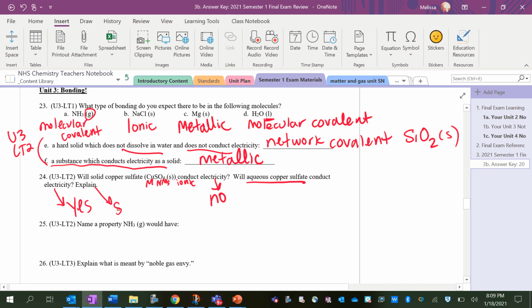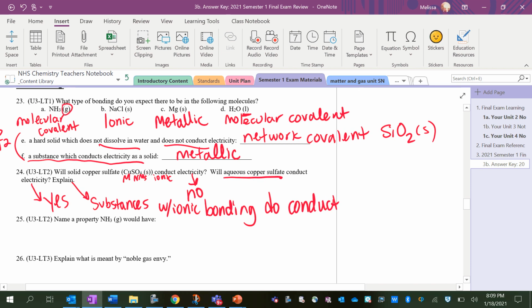Well, substances with ionic bonding do conduct when dissolved in water because they split up into ions, which allows electricity to flow through. They do conduct electricity in aqueous form.